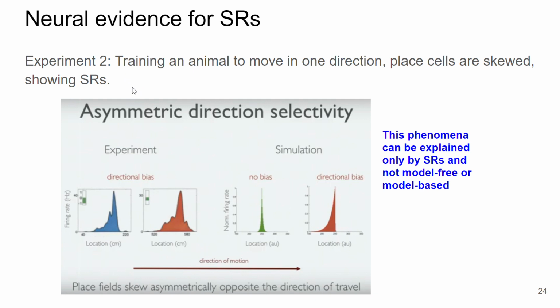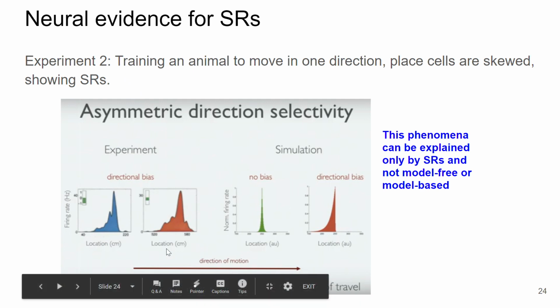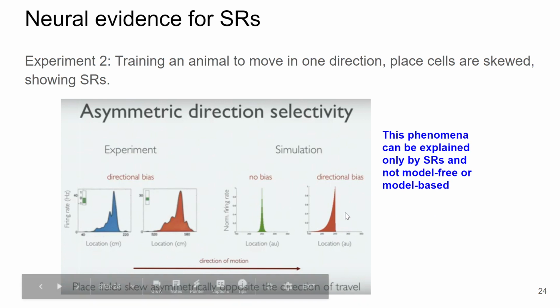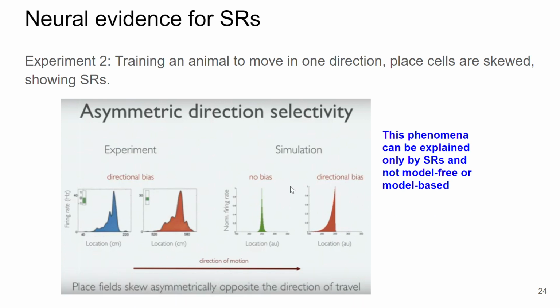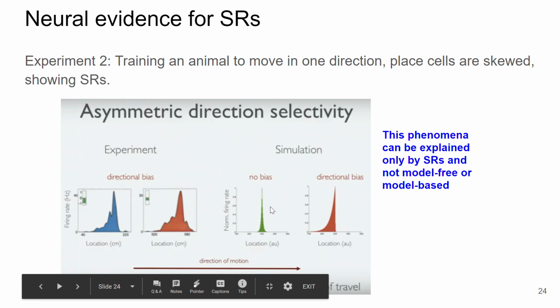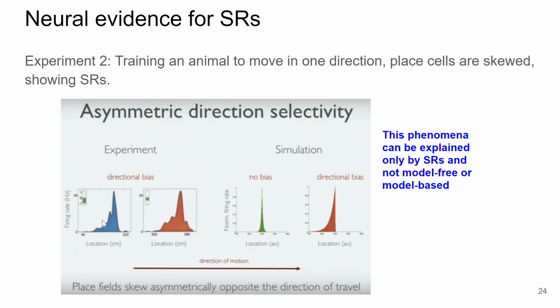So experiment number 2. This is the same task that we've seen before: a rat running along a trajectory from left to right. This is what we would ideally expect in simulation if the brain were doing successor representation. And when we actually record from the brain, this is what we see. It's still not a perfect match, but it has this bias towards the left.